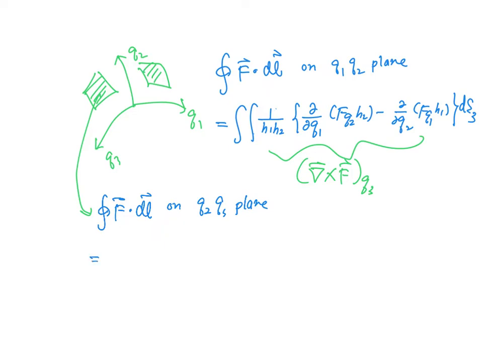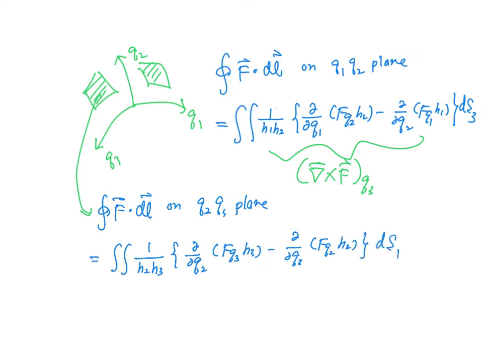Then it gives this DS1, H2, H3, partial Q2, partial FQ3, H3 minus partial Q3, partial FQ2, H2, DS1.